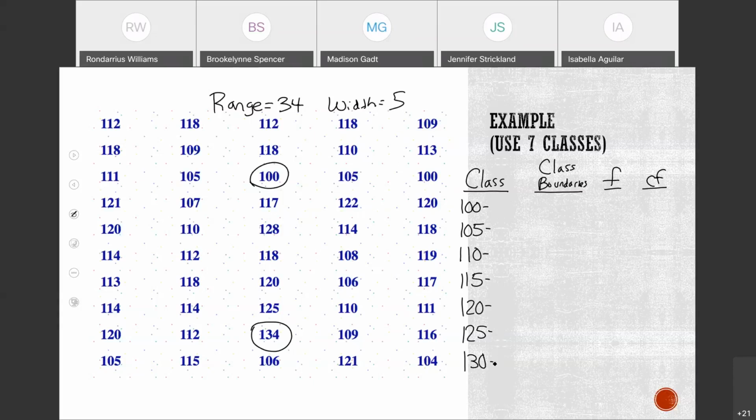Okay, once that's done, then go back and fill in the other side of that column. So here's what I'm going to say to myself. If the second class starts at 105, then the one above it ended at 104, right? And my third class starts at 110. So what does that mean about the second class?